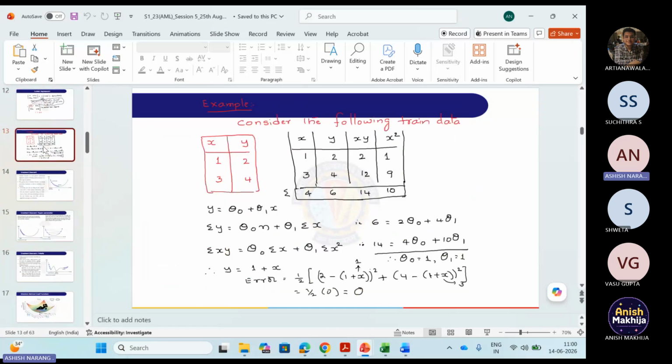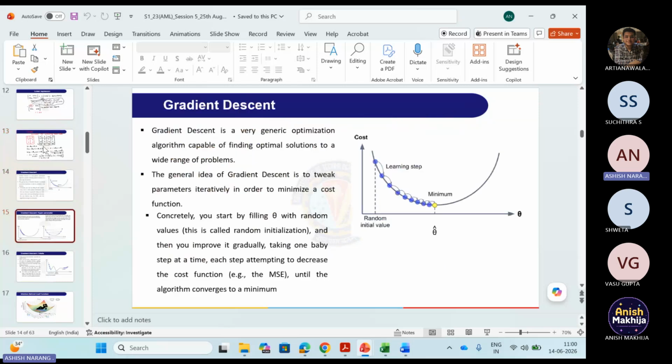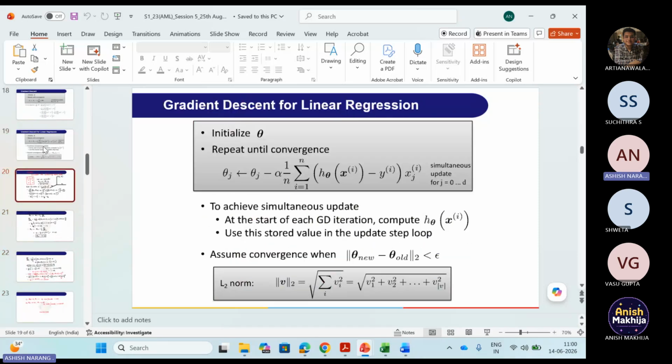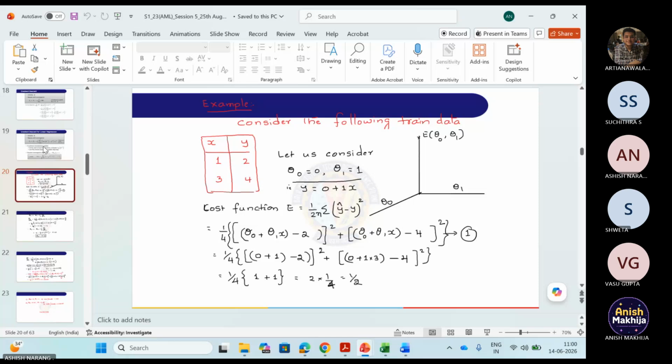Look at this portion. This is solved using some different method. Yeah, here it is. Consider the following training data. What is the training data available with me?